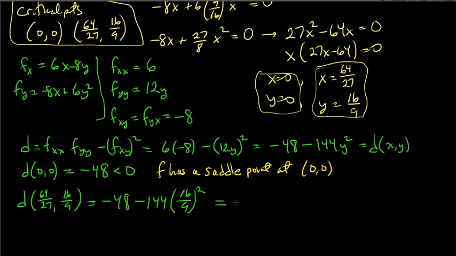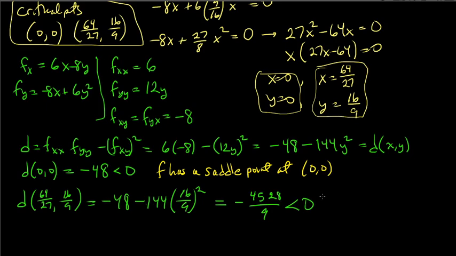Just use your calculator. I get negative something like 45/28/9. Actually, I didn't even need a calculator for this. You have a negative minus another positive, so you add a negative and a negative, you know it's negative. So since it's negative, it's also a saddle point.